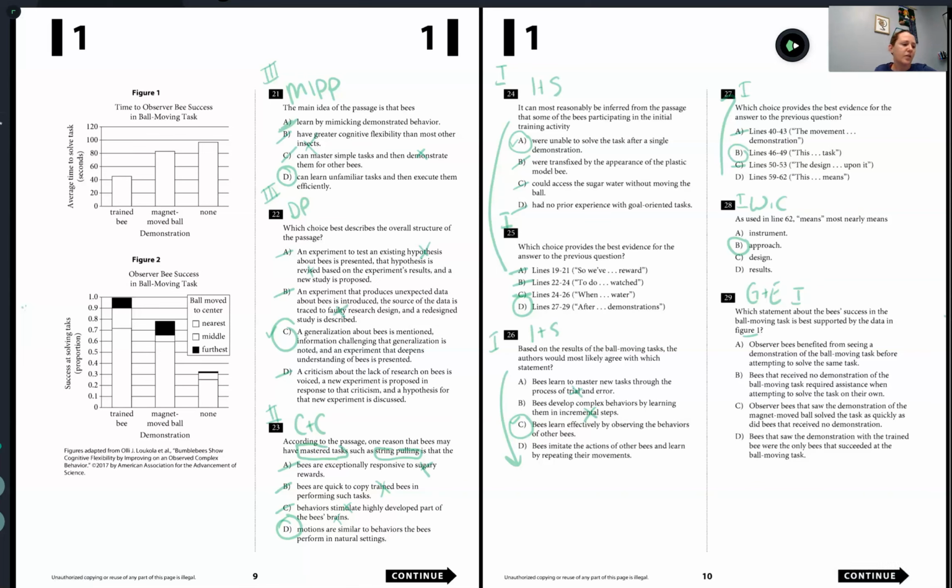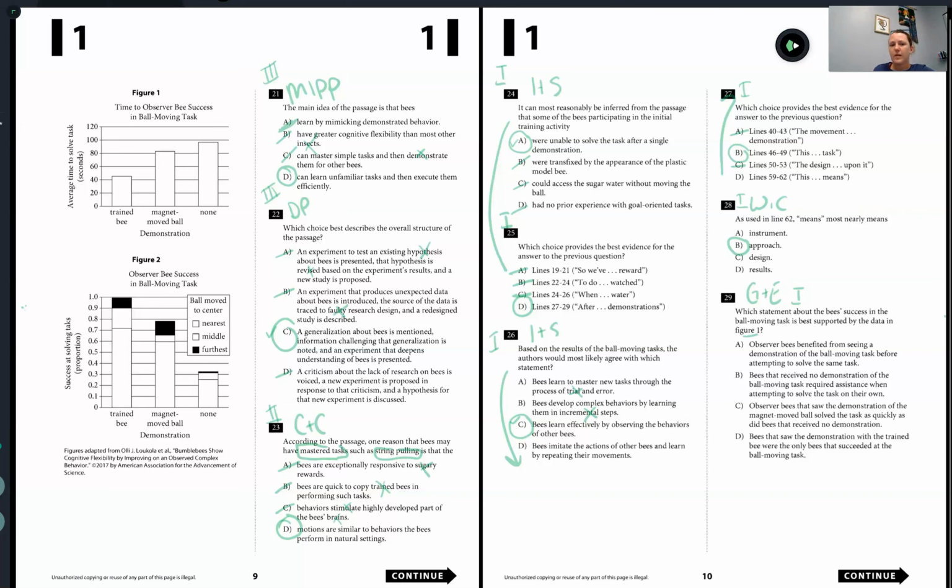Number 29 is our first graph question. Which statement about the bee's success in the ball moving task is best supported by the data in figure 1? So figure 1 is over here. So the trained bee took 40 seconds to solve a task. A bee that had watched a magnet move the ball took longer, and a bee that received no demonstration took the longest.